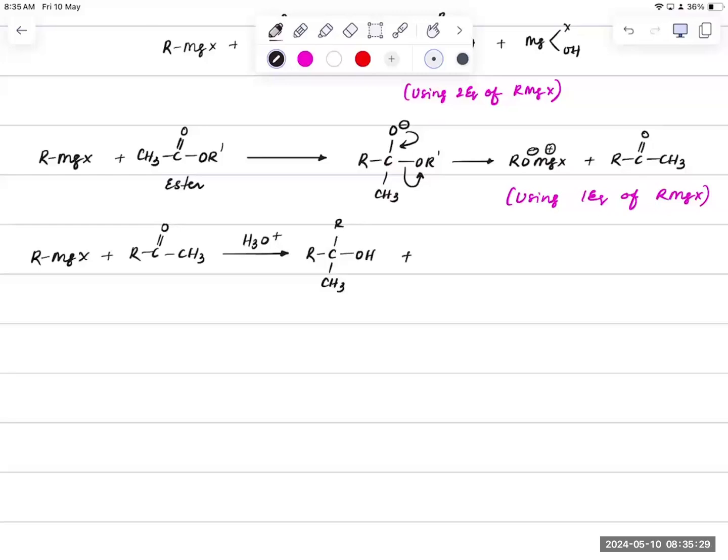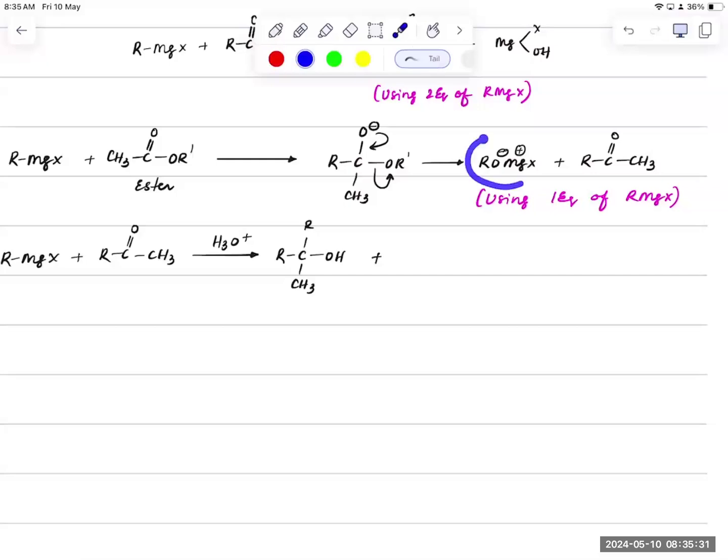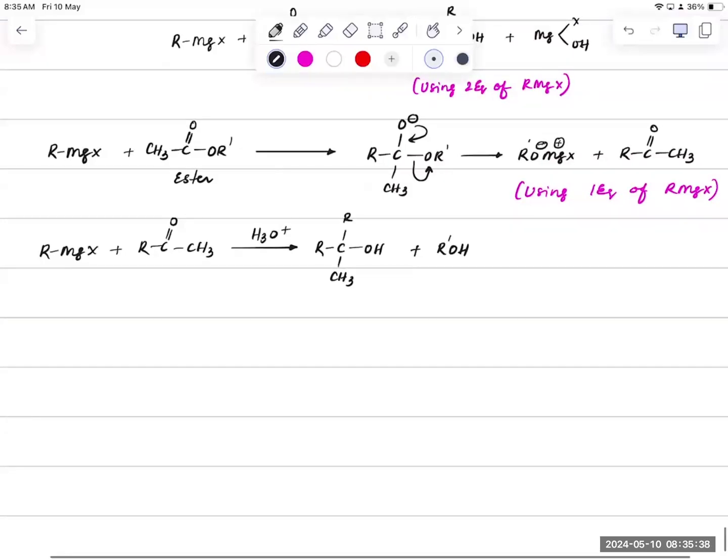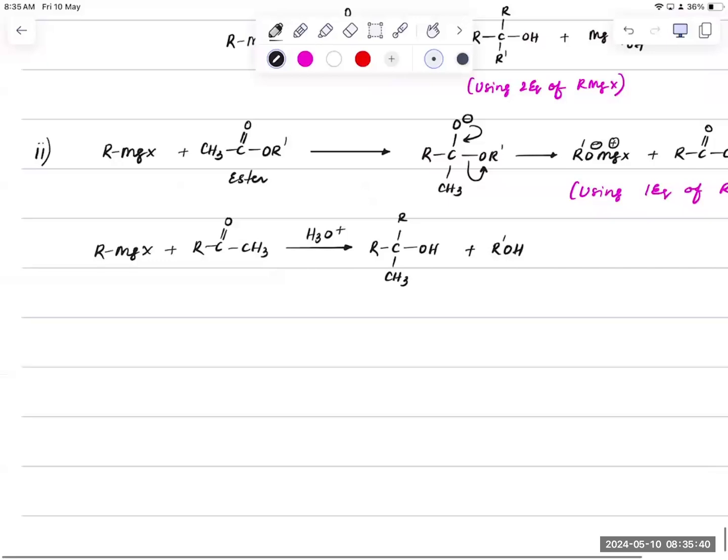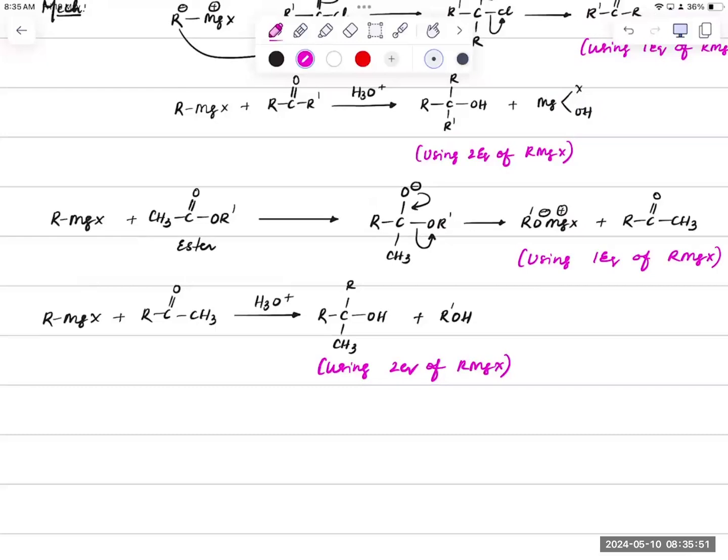This plus, if you notice that this is also RO minus, if you add it in water, you'll get that as alcohol, R dash OH. So this is the final product using two equivalents of RMgX. If you use one equivalent, you end up at ketones, two equivalents, you'll go up to alcohols. Got it? This is the product formation you will notice.